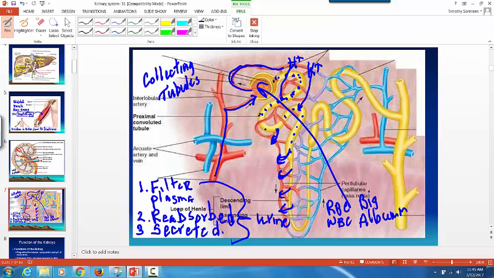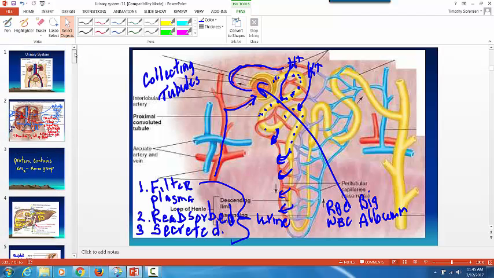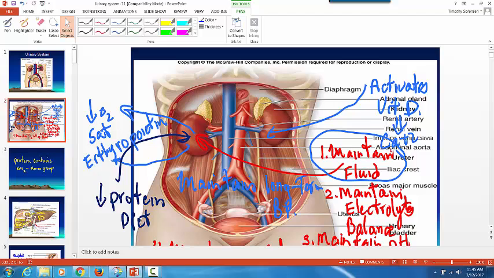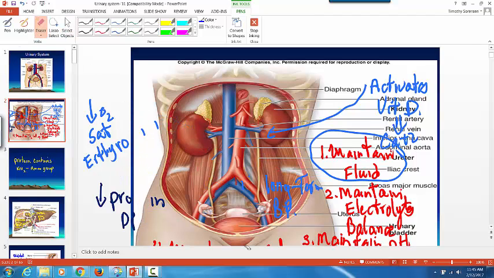Different parts of the nephron will absorb different things, and we can worry about that later. So that's a real basic overview of the kidney. Now what I'd like to talk to you about is the basic structure of the ureter and the bladder. So let's do that.